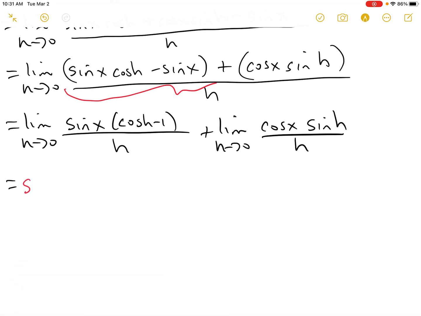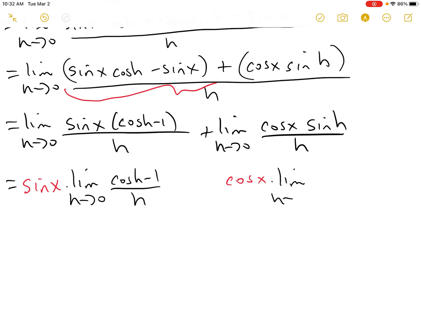So I have sine x here, cosine x here, times the limit as h approaches 0 of cosine h minus 1 over h, plus the cosine x times the limit as h approaches 0 of sine h over h.